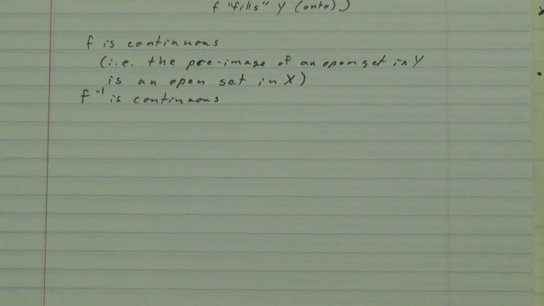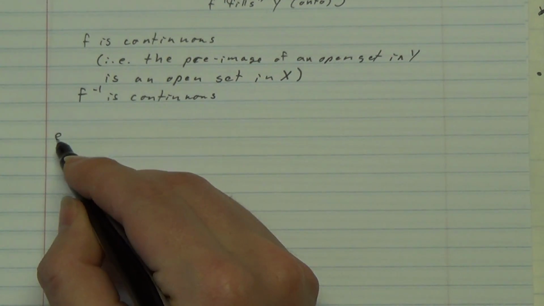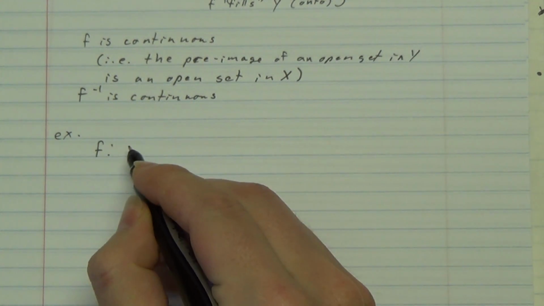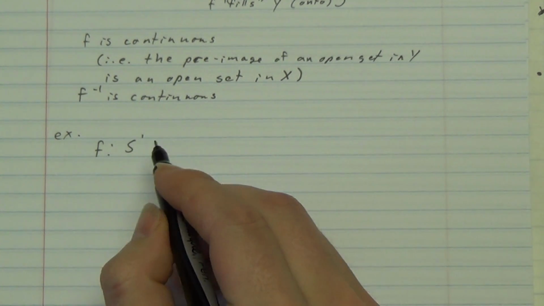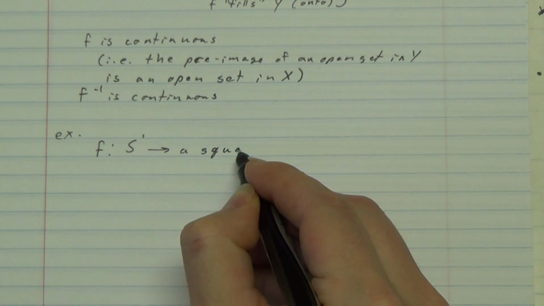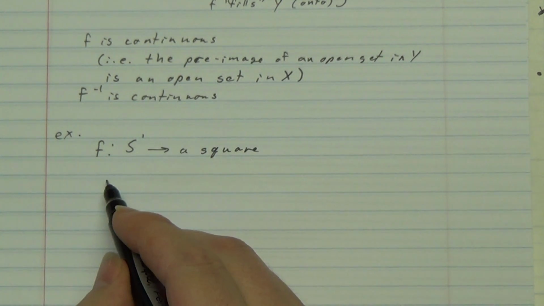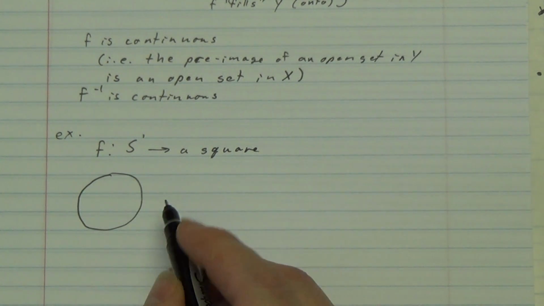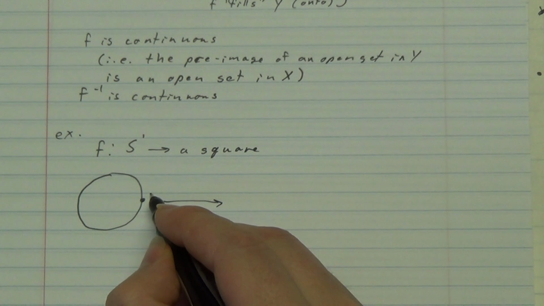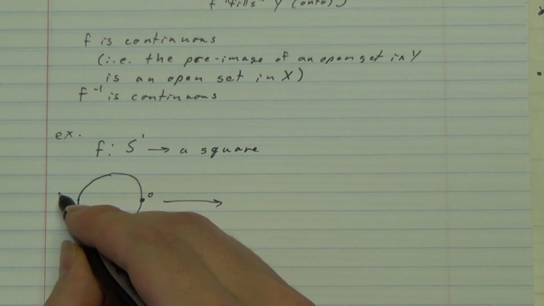So let's see some examples. F going from a circle to a square. Since this depends on the topology, let me tell you about the topology on these.